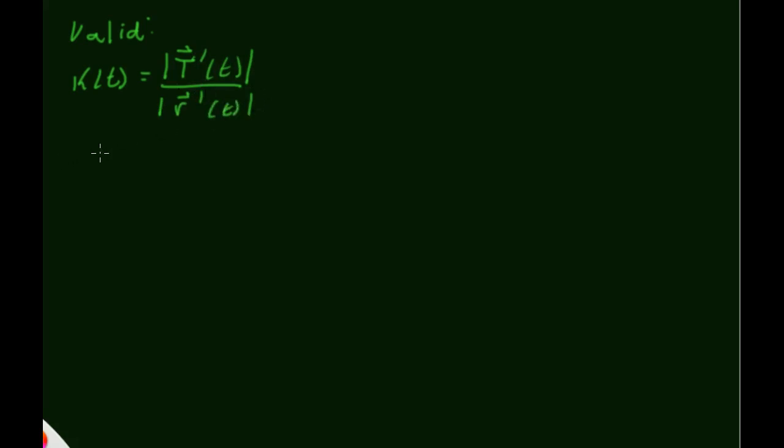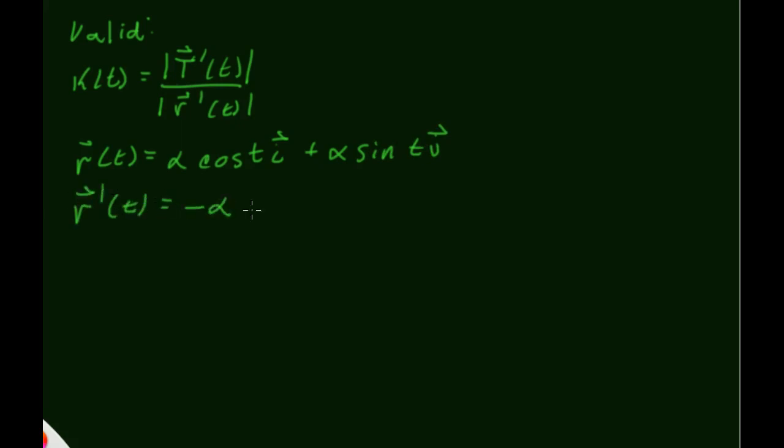So if I apply this to a circle that has radius alpha, let's make that r of t equal to alpha cosine t i plus alpha sine t j. That'll give me a circle with radius alpha. Then r prime of t becomes negative alpha sine t i plus alpha cosine t j.